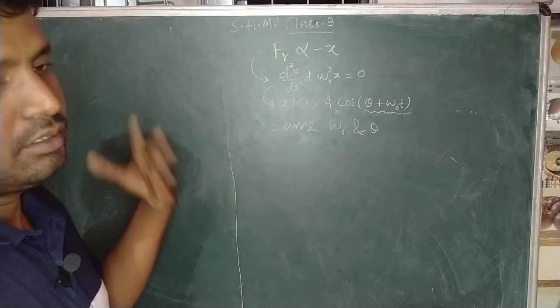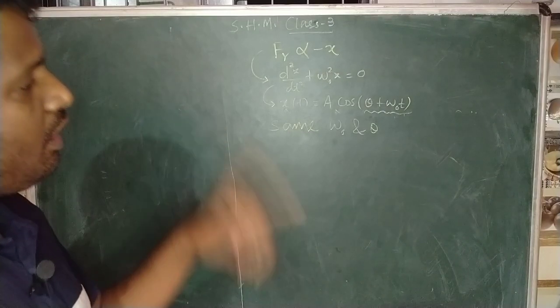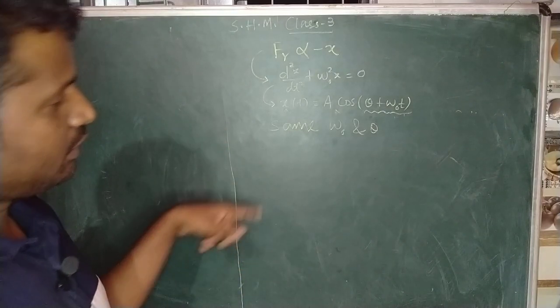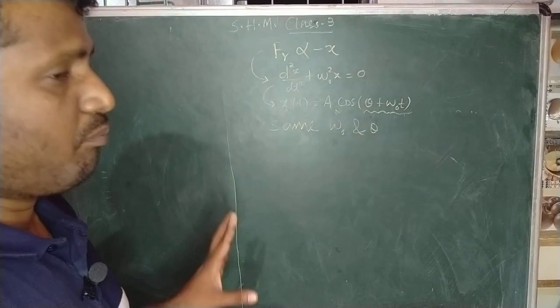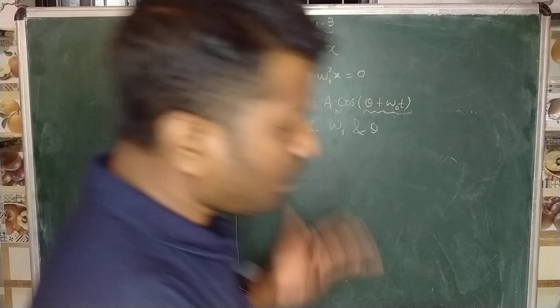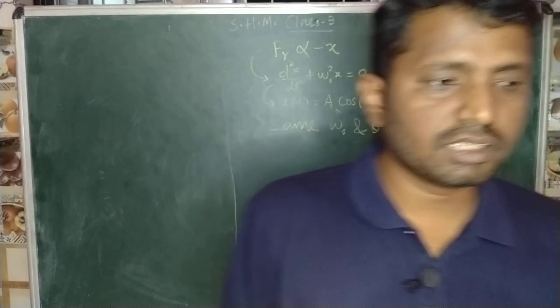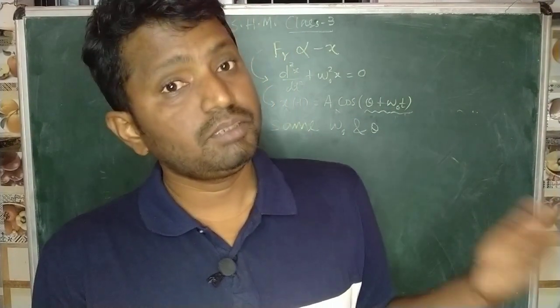That means if two oscillators have the same time period and at the same instant they start their motion with the same theta, it can be possible with different amplitudes. Two oscillators start from the same position at the same instant, but with different amplitude.